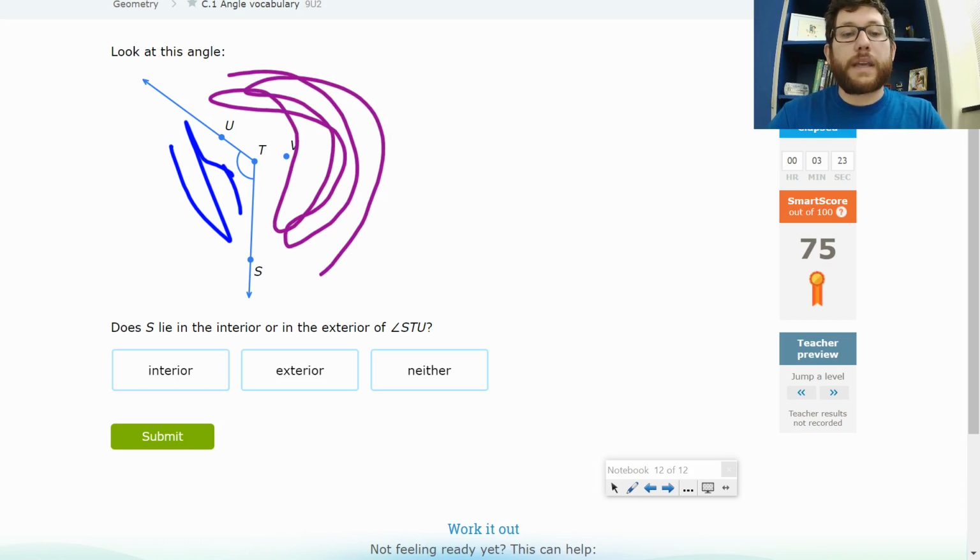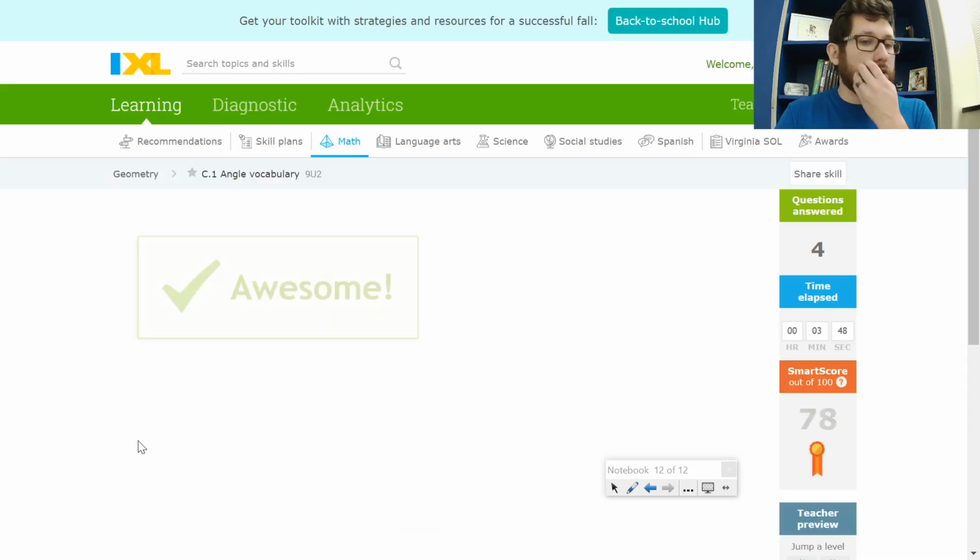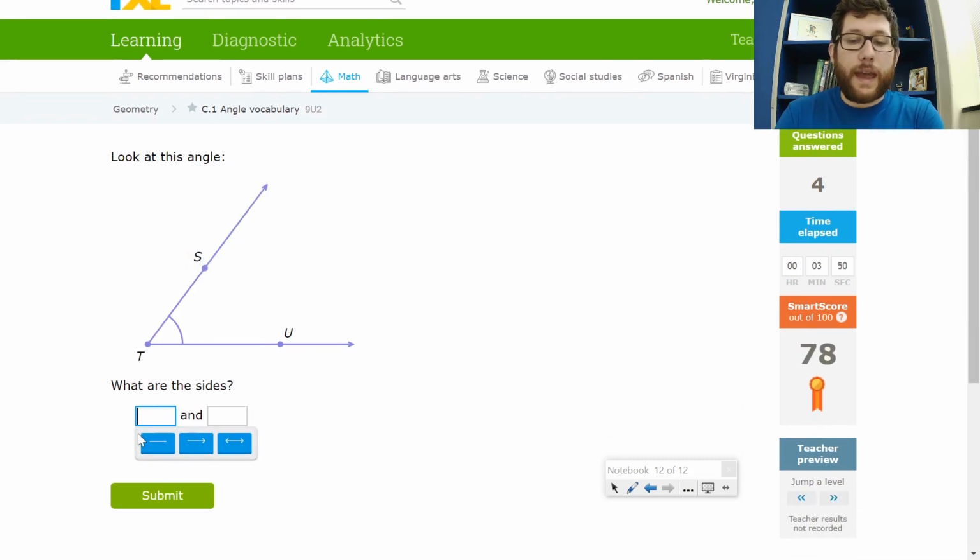Anything that sits on the actual angle is neither interior nor exterior. So point V here is on the exterior of my angle. Point S, though, notice it asks where does point S lie? Point S actually is on my angle, so that's going to be neither. Those are pretty easy questions once you get the hang of it.